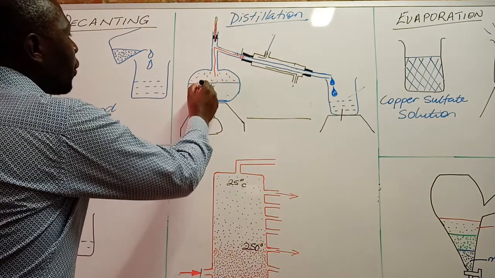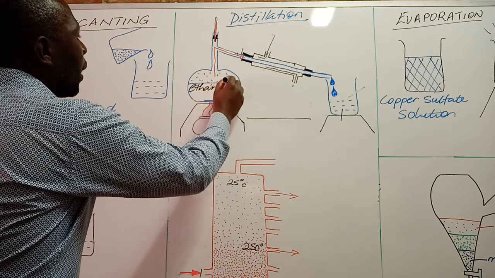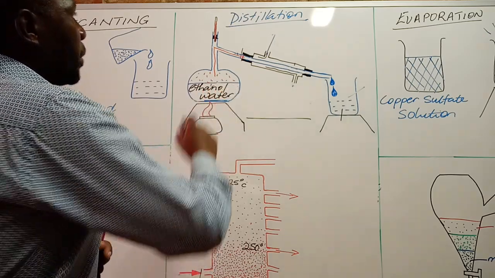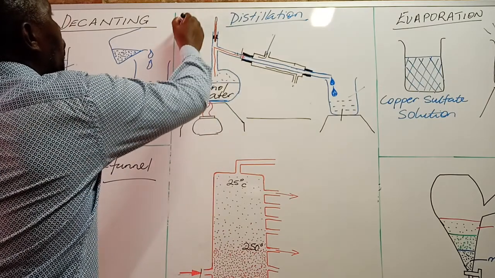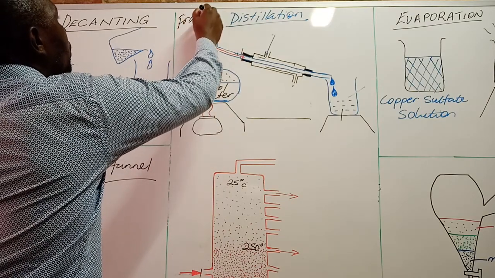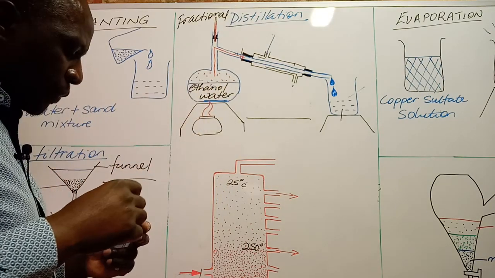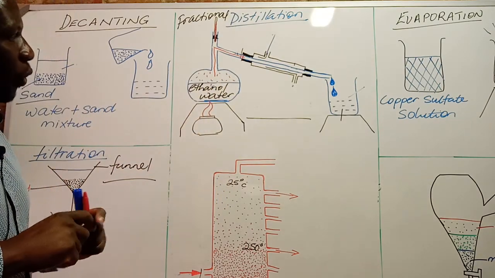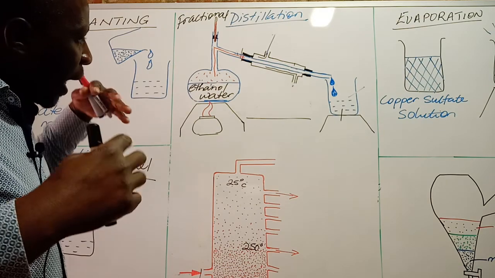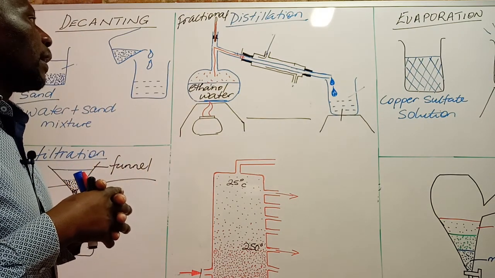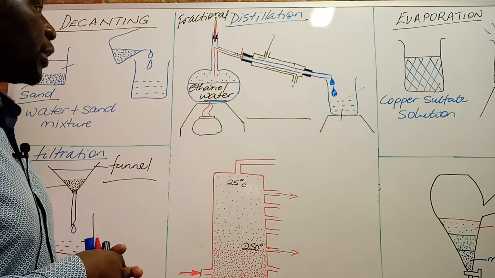So let's take, for example, ethanol and water. Ethanol and water is mixed, and now we are going to do what we call fractional distillation. These two liquids are totally dissolved into each other. You cannot tell that this is a solution.